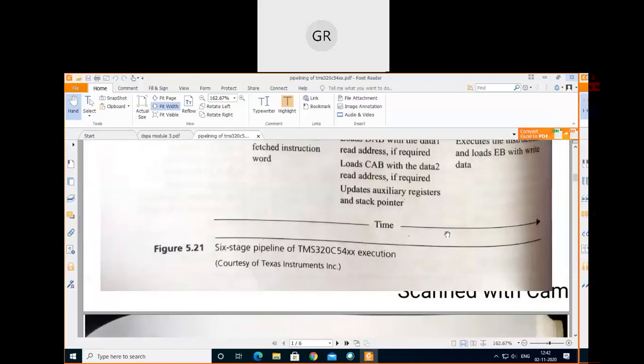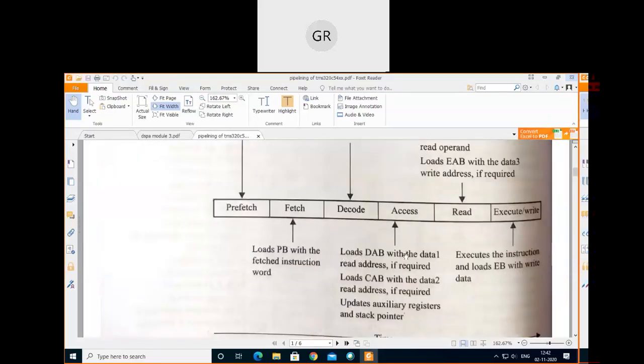See here, in access mode, what did we do? It loads DAB with the data 1 read address. If required, it loads CAB with the data 2 read address. If required, it updates auxiliary registers and stack pointer. DAB is loaded with the data 1 read address, the operand 1 read address.